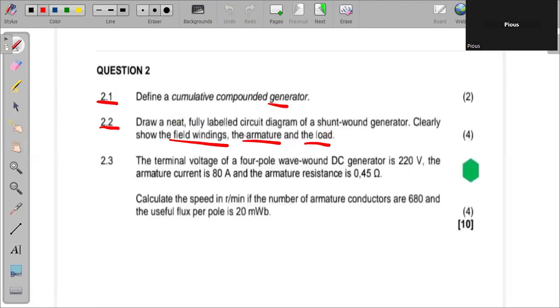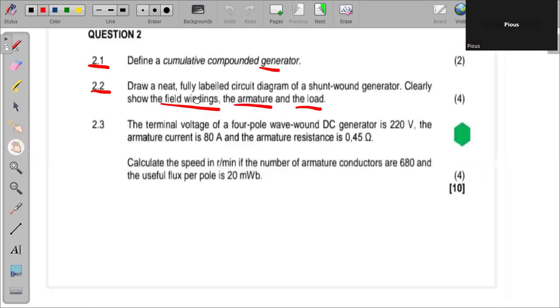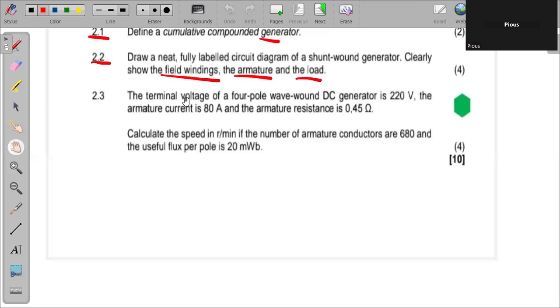The next question is saying the terminal voltage of a 4-pole wave wound generator is 220 volts. The armature current is 80 amperes and the armature resistance is 0.45 ohms. Calculate the speed in revs per minute if the number of armature conductors is 680 and the useful flux per pole is 20 milliweber.